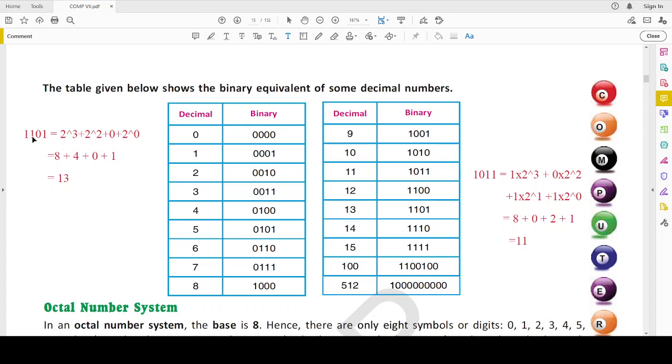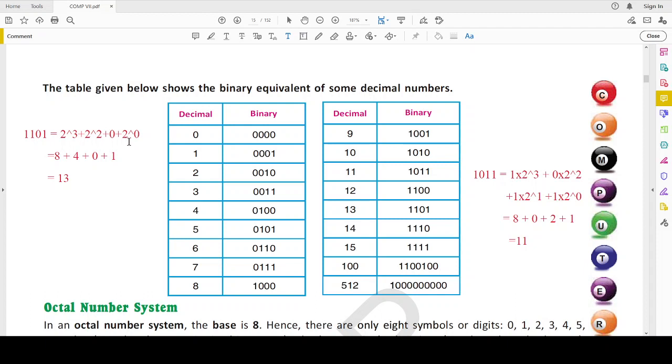Again you see 1101. 1101 is equal to 13. So let's verify, it is having a 1 in the places 0, 2, 3: 2 to the power 0, 2 to the power 2, 2 to the power 3. So 2 to the power 3 is 8, 2 to the power 2 is 4 and 2 to the power 0 is 1.